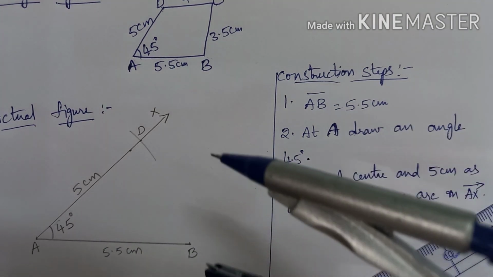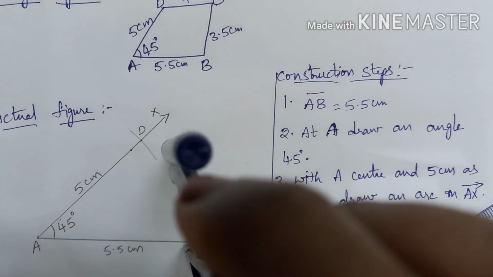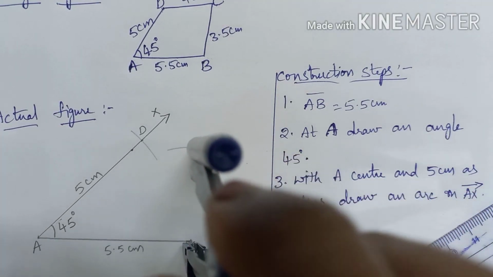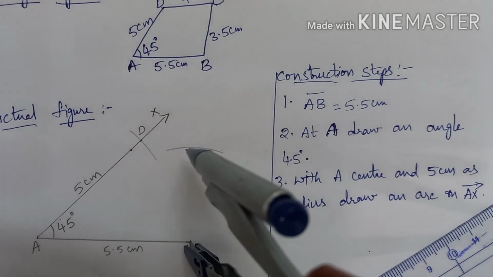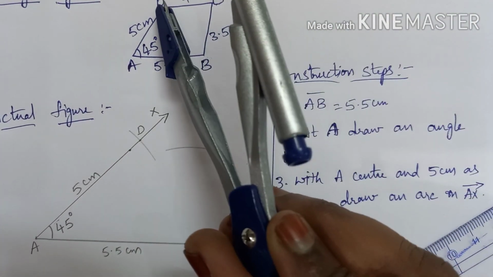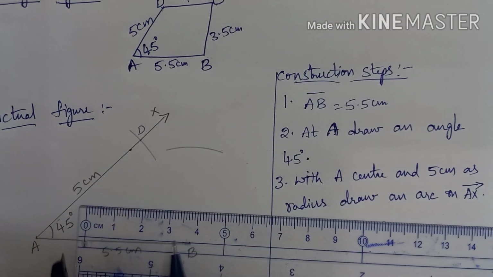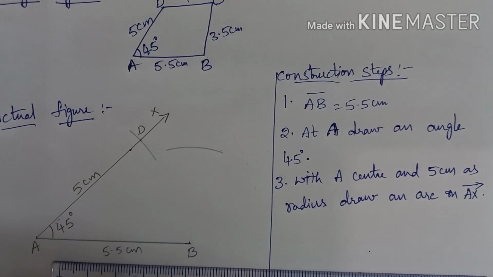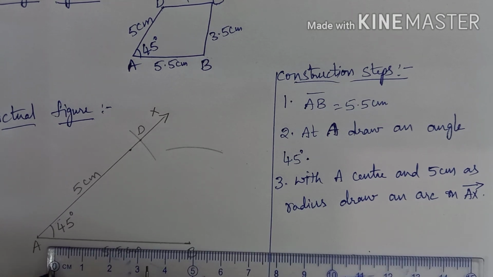So, with B as center, draw an arc with 3.5 centimeters as radius. Now, from D, it is 4 centimeters distance. So, again you take 4 centimeters as radius with D as center.